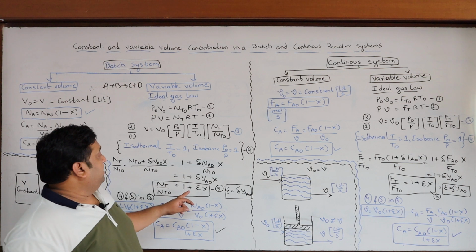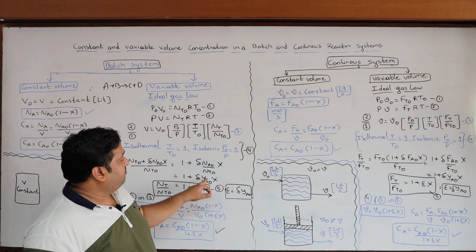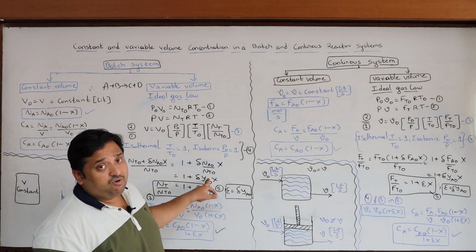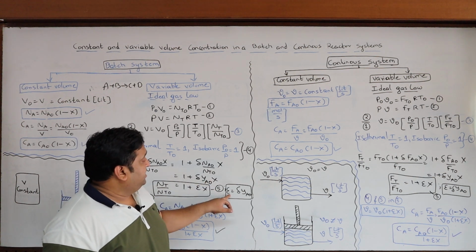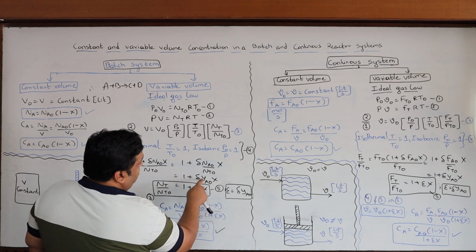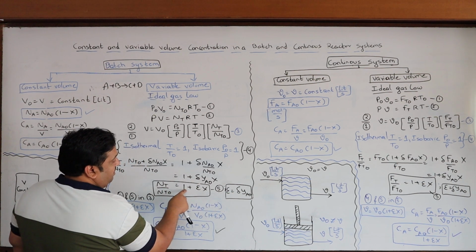Then delta into Ya0, in Fogler, I'm following the Scott Fogler textbook, is nothing but epsilon. Then if you substitute epsilon here, NT by NT0 is equal to 1 plus epsilon x.